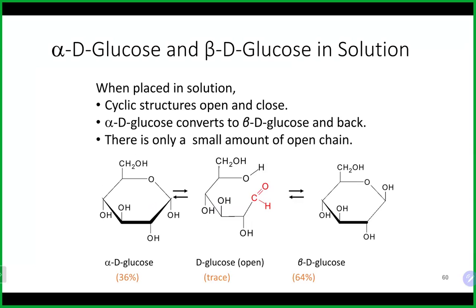And you can see in a lot of cases, a major percentage does end up being the beta glucose. And really, the only difference here is the location of that one, which is basically carbon number 1 in each of those cases. As again, that is 6, 5, 4, 3, 2, and 1 happening there.